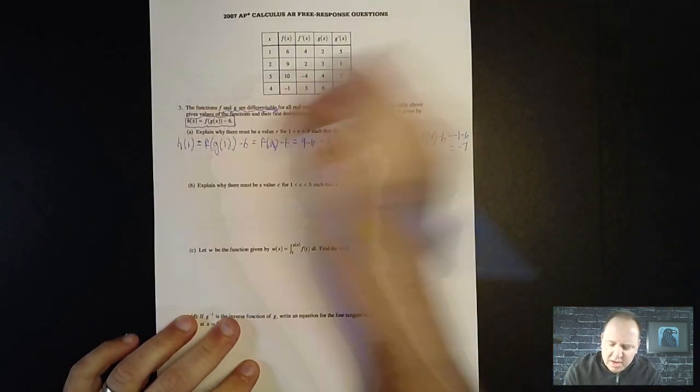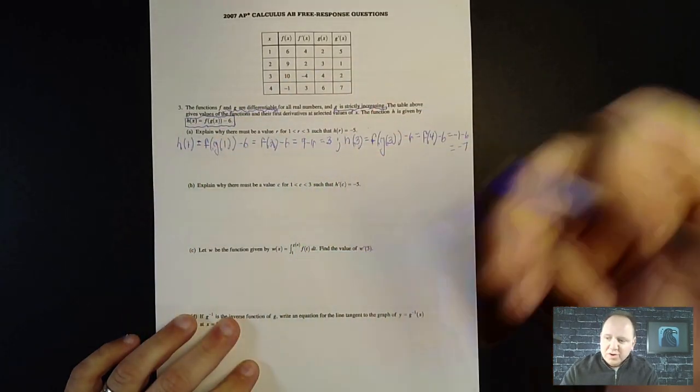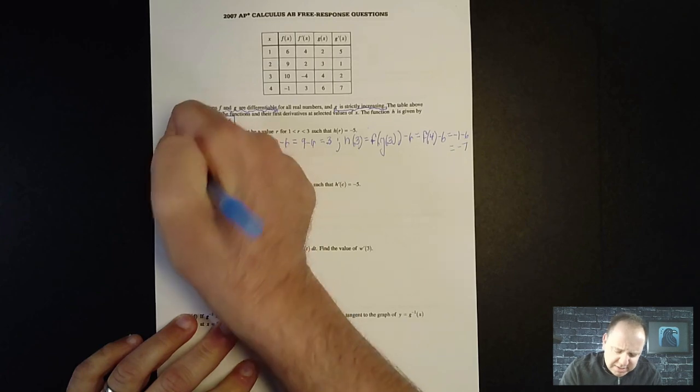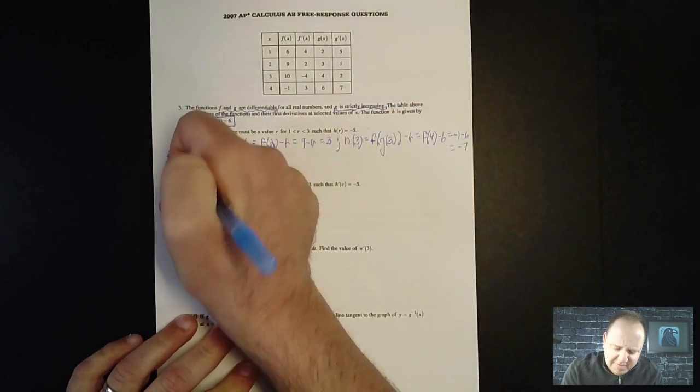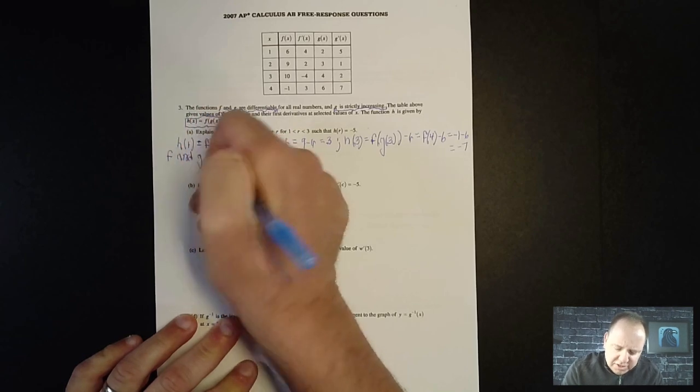Now, they only told me f and g are differentiable. That means that we know they're continuous, right? I would probably use that statement and say f and g are differentiable.